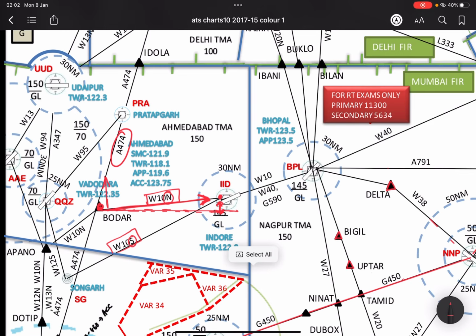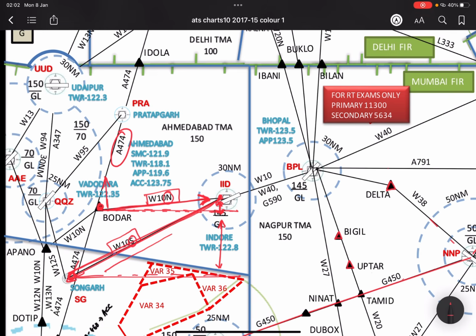And if we are going from Indore to Songarh, which is here, you see how Songarh is roughly to the south of Indore. That means traffic can only use Whiskey 10 South if they are flying from Indore to Songarh in this direction.